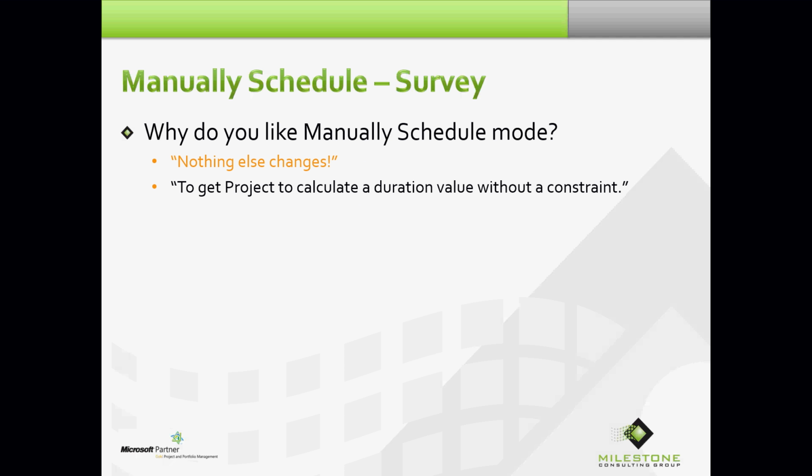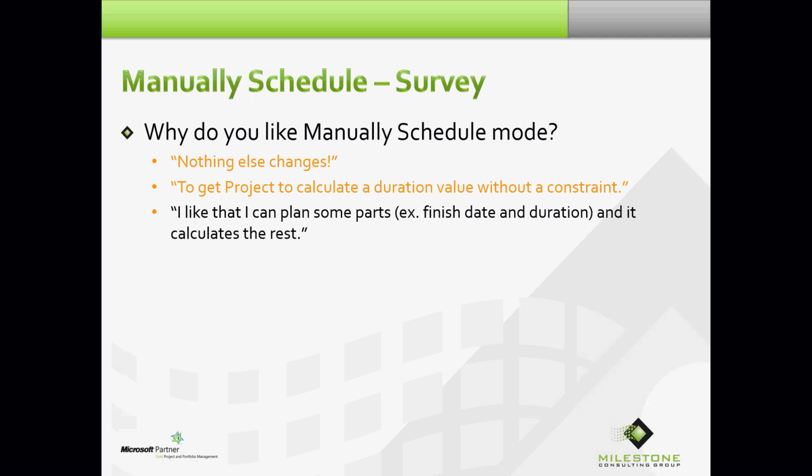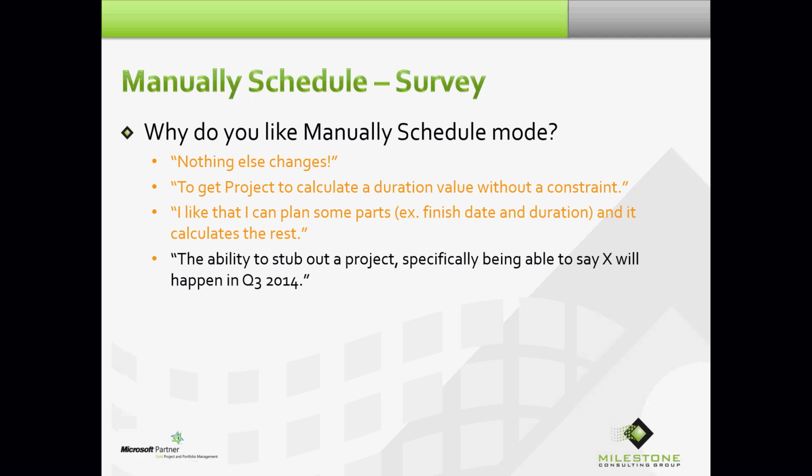Somebody else said, to get Project to calculate a duration value without a constraint. Someone said, I like that I can plan some parts, for example, finish date and duration, and it, that being Project, calculates the rest. Another person said the ability to stub out a project, specifically being able to say, this will happen in Q3 of 2014.